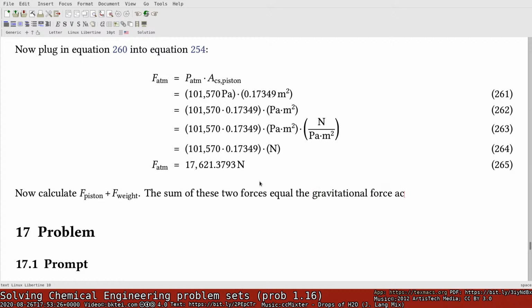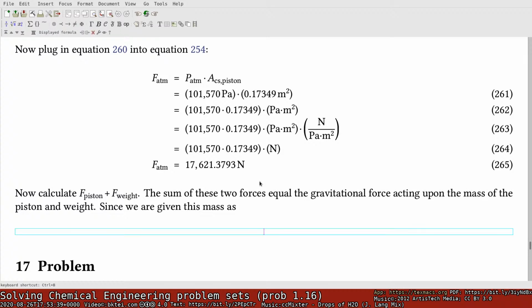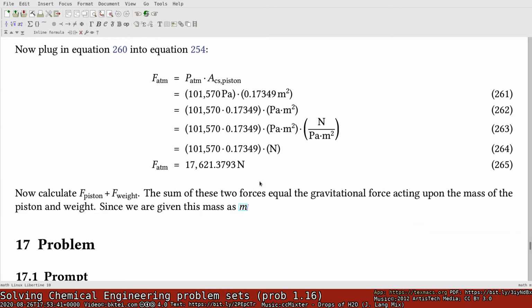the gravitational force acting upon the mass of the piston and weight, since we are given this mass as m_piston weight.